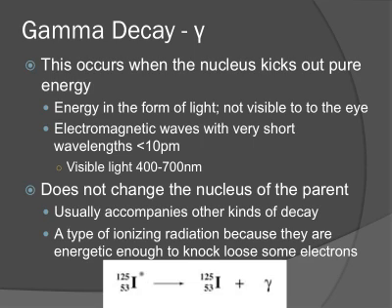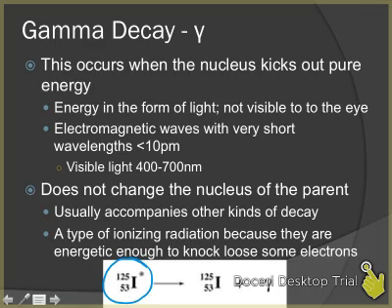So this is also a type of ionizing radiation because they are energetic enough to knock loose some of the electrons. So if we look down here at the example I have, we see iodine on the left, and we see iodine on the right. Are these the exact same form of iodine?